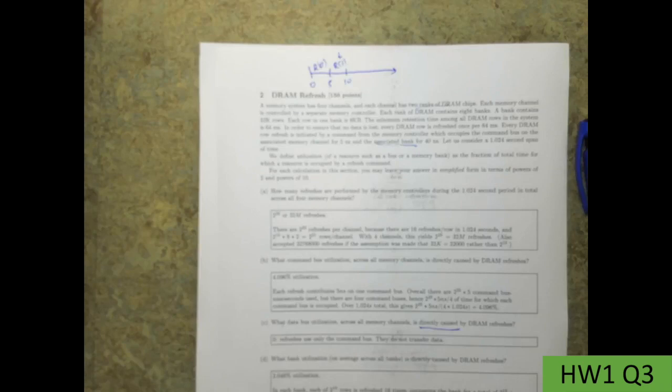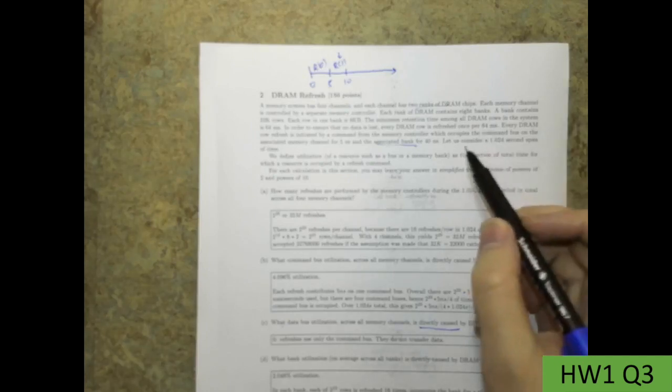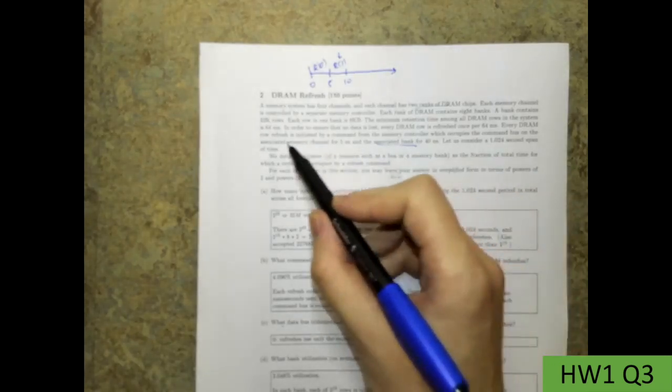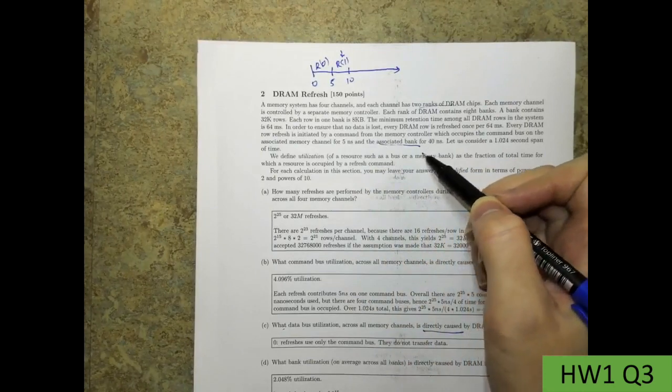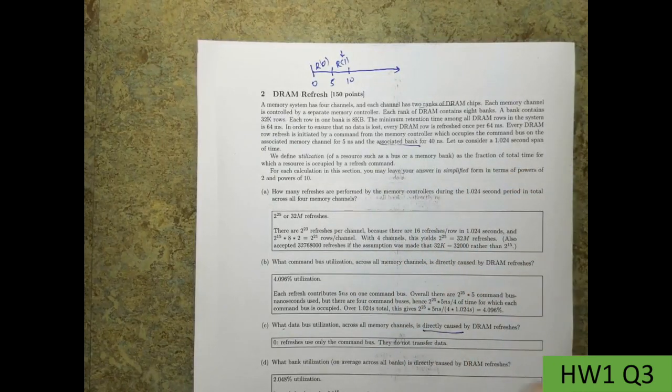But if you issue a per-bank refresh, which is available with DDR4 but I guess not in DDR3, you can access other banks. Here in the question, it clearly says the associated memory channel for 5 nanoseconds and the associated bank, so this means it is a bank-level refresh command.